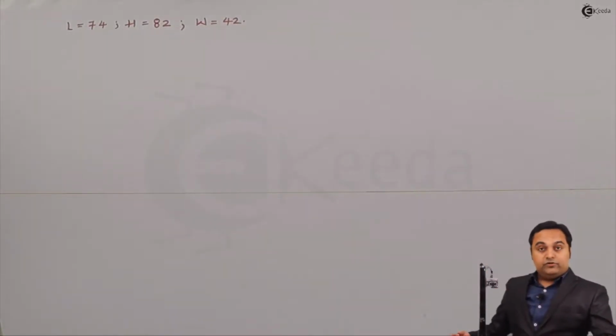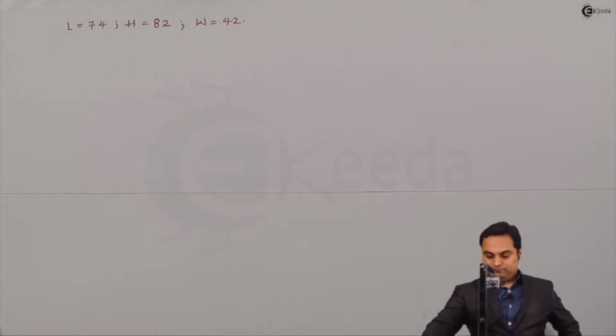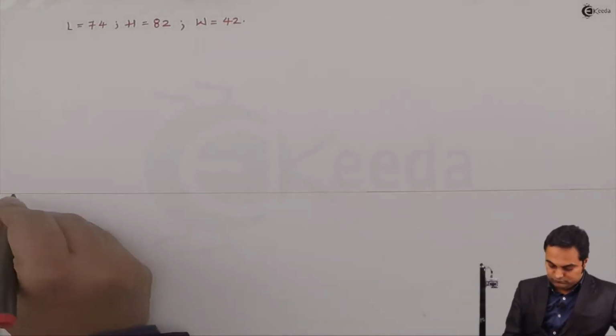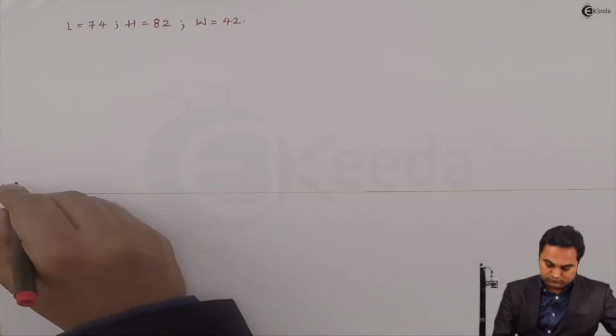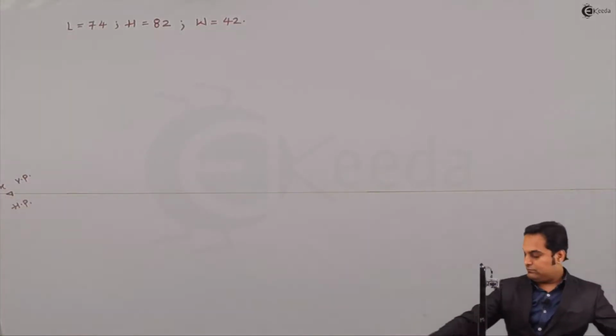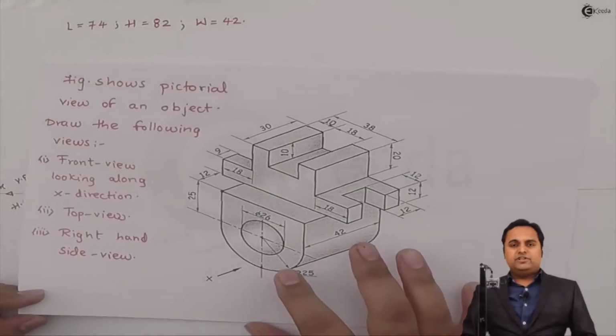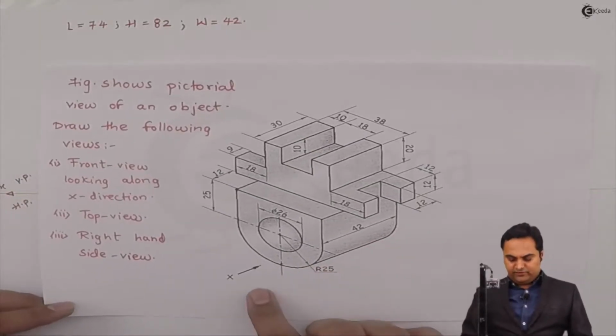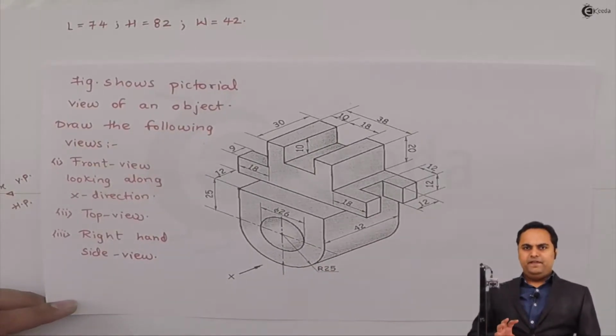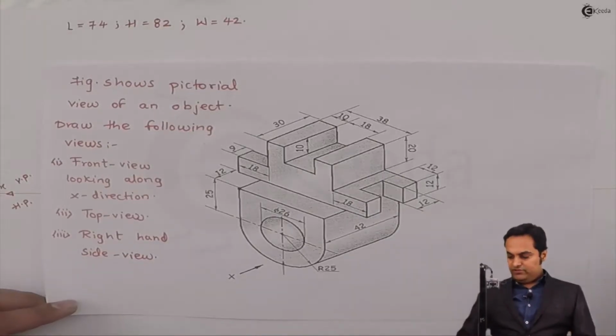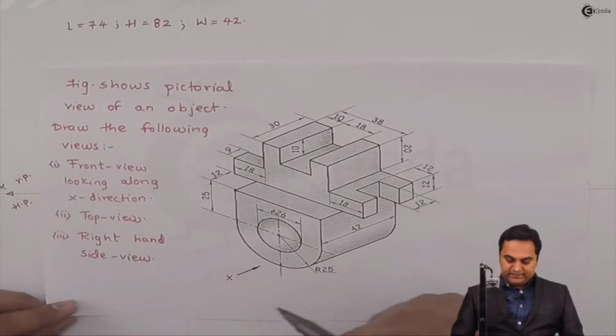So drawing a light horizontal line first. When we are drawing by first angle method of projection, the front view will be in VP, and for the side view, we have to draw the right hand side view.